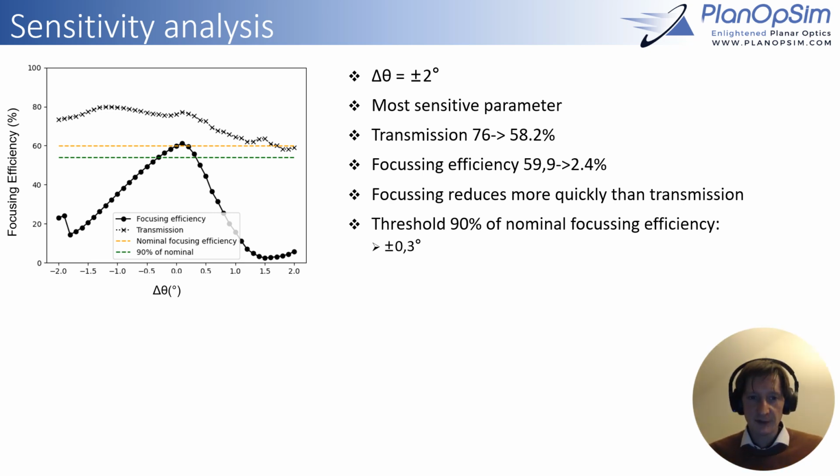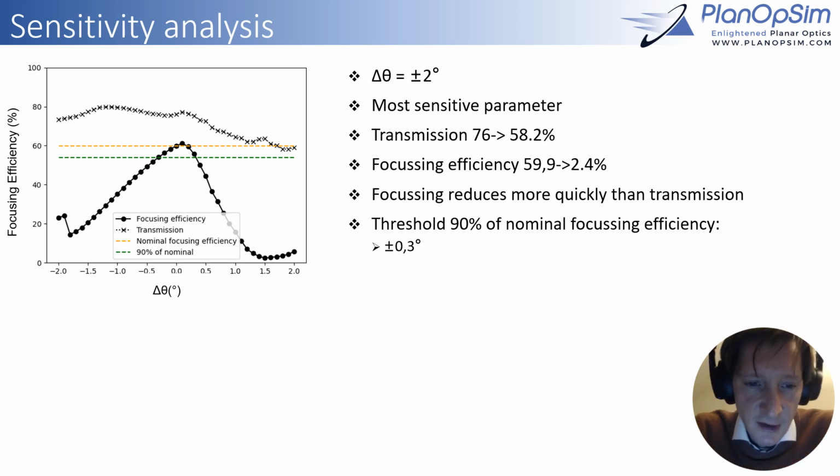The final parameter we want to look at then is the sidewall angle, and this is, as you can see already in this plot, the most critical parameter. The transmission efficiency, as we change from a perfectly straight sidewall to a slight angle of 2 degrees, stays roughly okay.